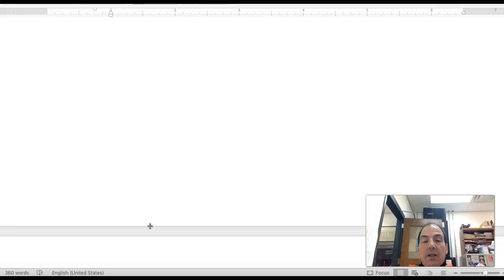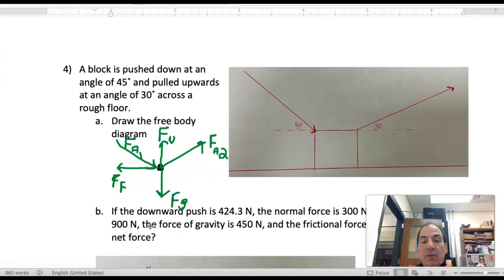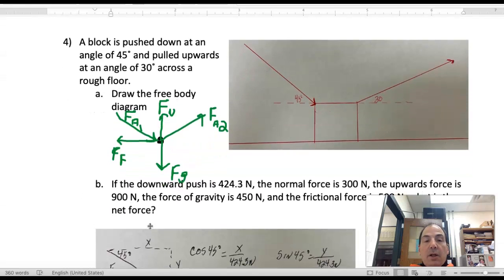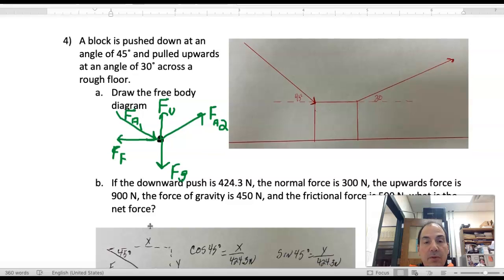All right. And lastly, we have 2 applied forces in this situation. A block is being pulled down at an angle of 45 degrees and pulled upwards at an angle of 30 degrees across a rough floor. So one is pushing down and to the right, the other is pulling up and to the right.